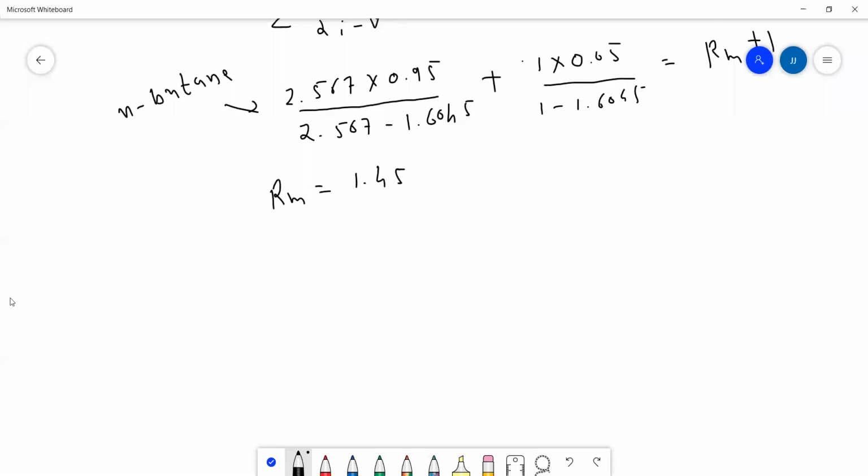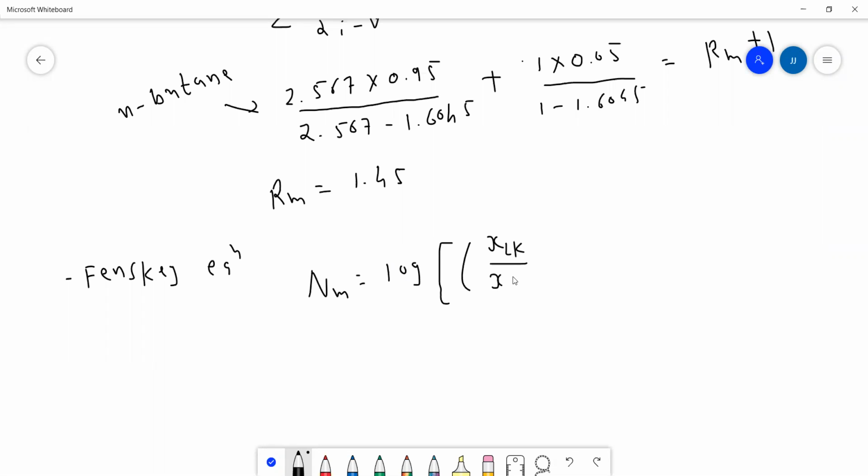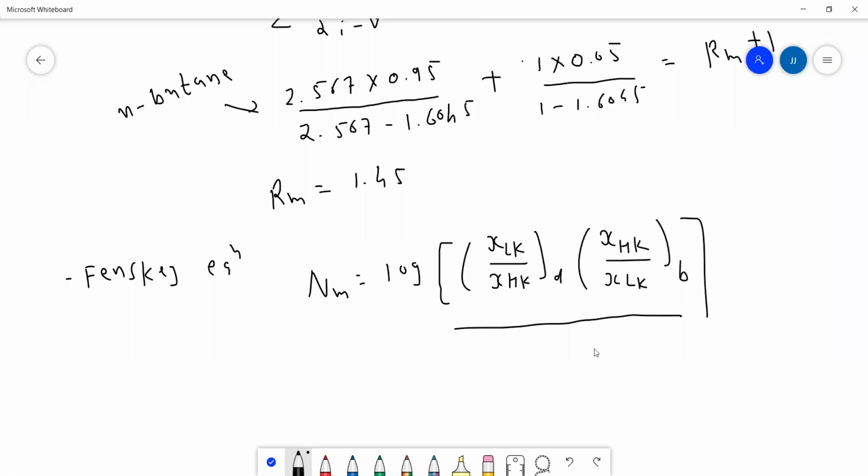Now the Fenske equation is given as Nm equal to log of x of the light key over x of the heavy key in distillate, into x of the heavy key over x of the light key in bottom product, divided by log alpha LK.